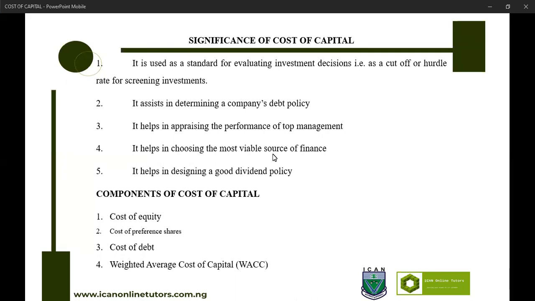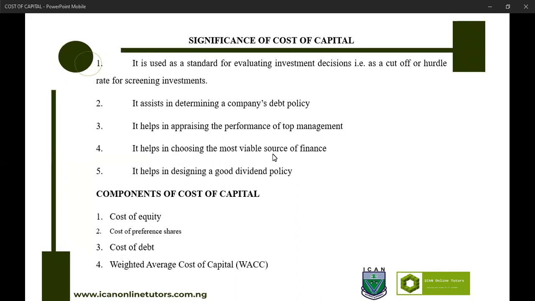It assists in determining a company's debt policy. This can also be used as a yardstick or a measure to determine a company's debt policy, how a company will be able to manage its debts. And it also helps in appraising the performance of top management. This is one of the yardsticks used to measure the performance of top management.